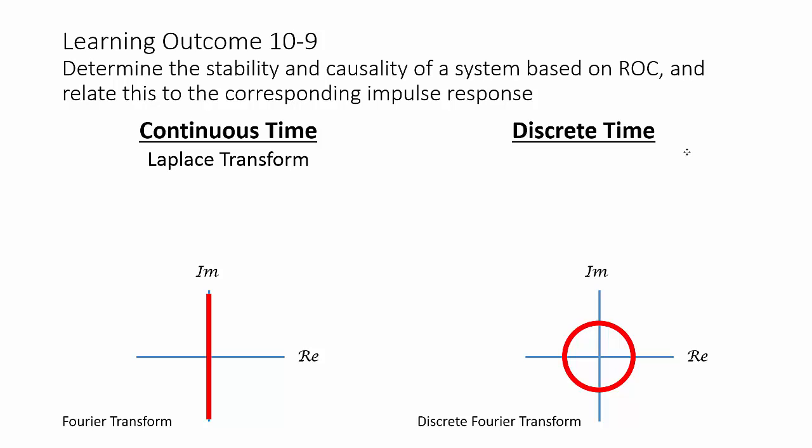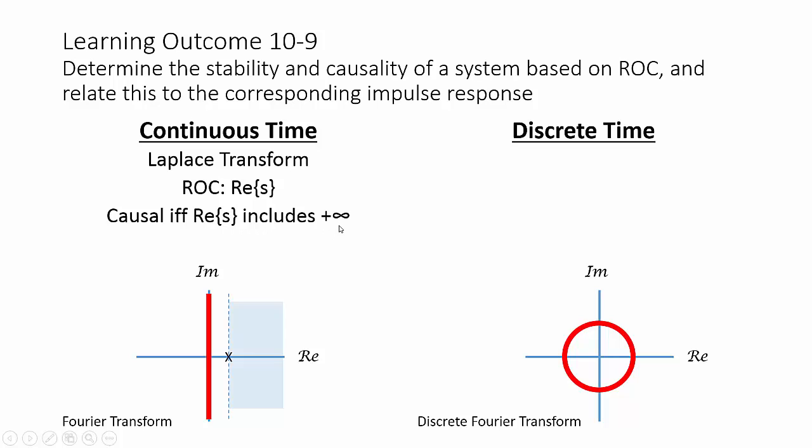Now let's go back and do some other comparisons. In our Laplace transform, whenever we talked about a region of convergence, we were talking about the real part of our complex variable s. We said that a system was causal if and only if the real part of s included positive infinity. So given a pole, we draw a vertical line and the whole region greater than that particular pole.